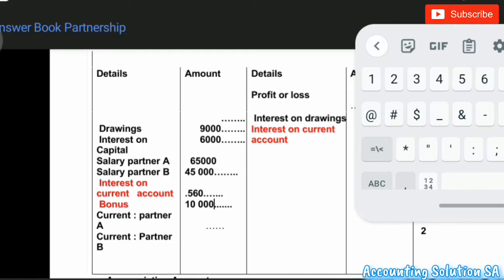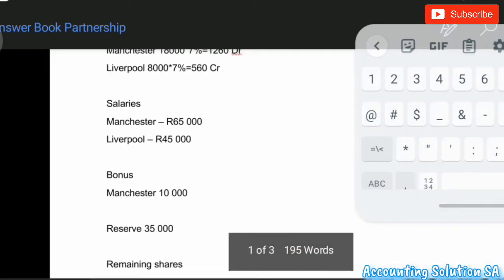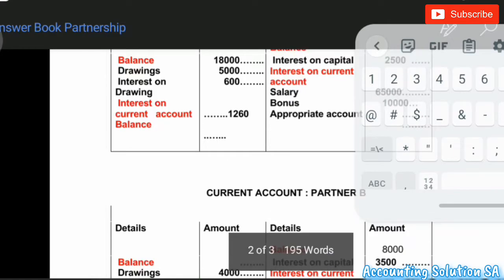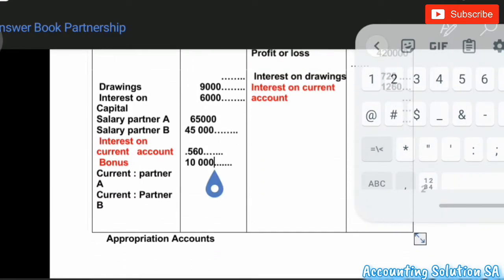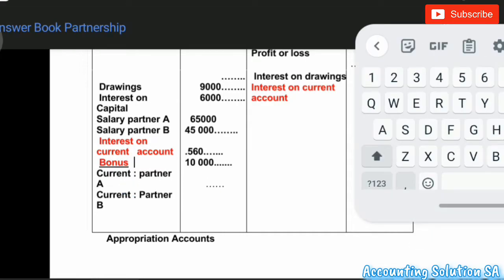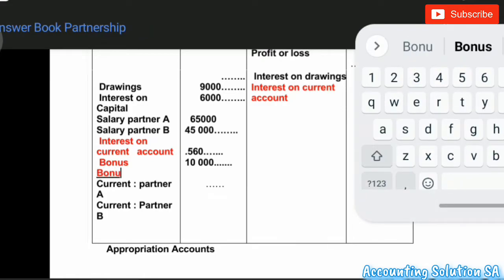Okay, then now remember, we have the money that they said must not be allocated, a reserve of 35,000, which means that must come on the debit side. Remember, debit side guys, simply means it is representing the expense or the money that is not going to be allocated as a remaining.